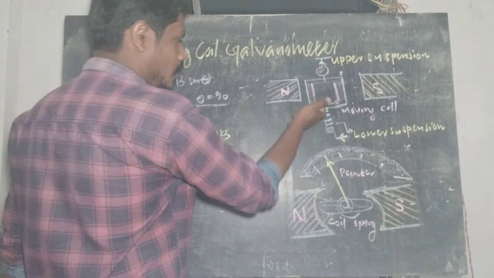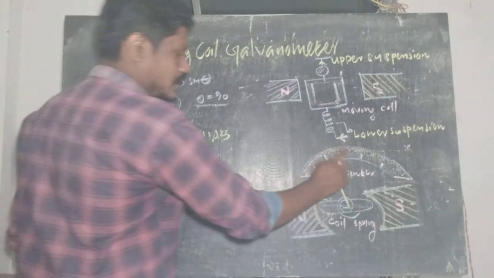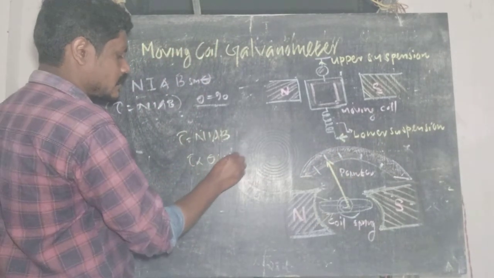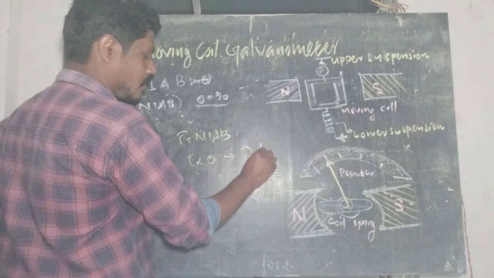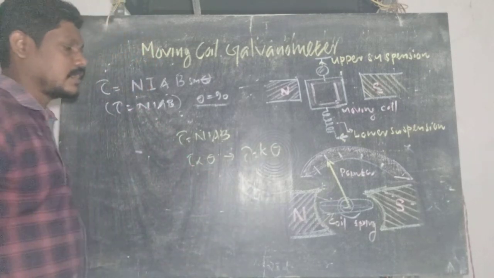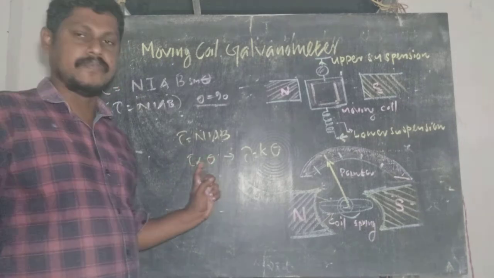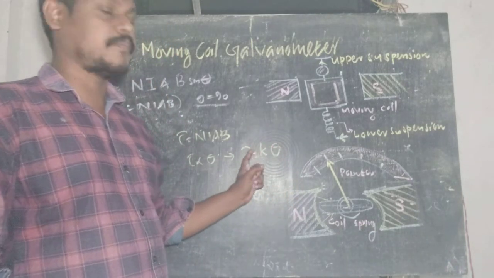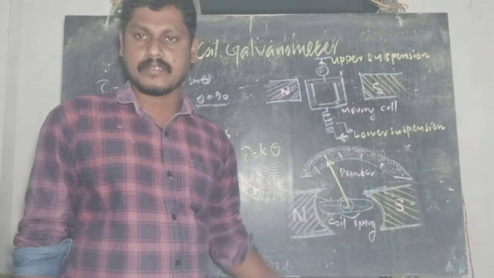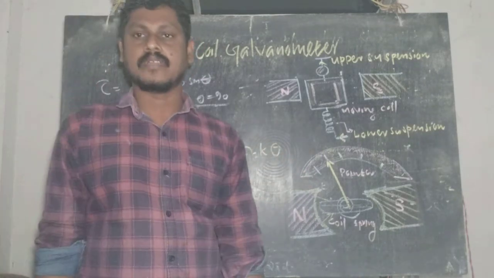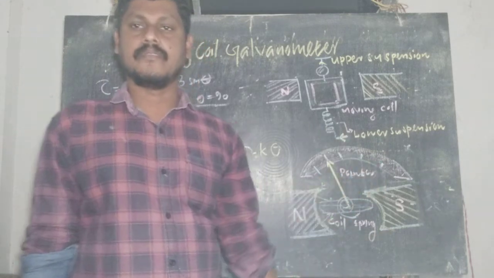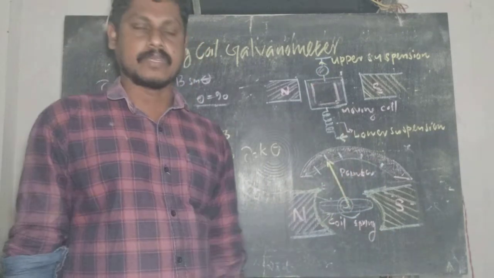That means the more it is twisted, the more deflection has been generated, the more will be the restoring torque. Or we can write the restoring torque equal to a constant k into theta, where the linear relation between torque and the deflection is equated by the use of a constant k. It is called the restoring couple constant of the material, and it is a unique property of the material we use for making that suspension fiber.